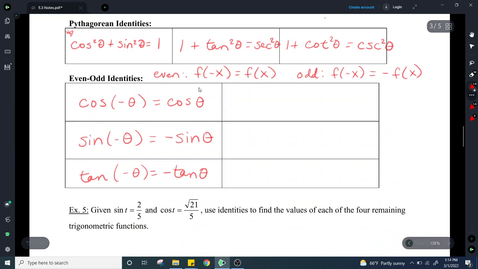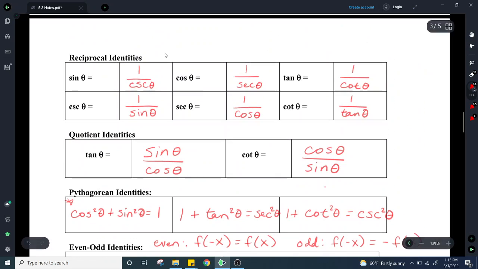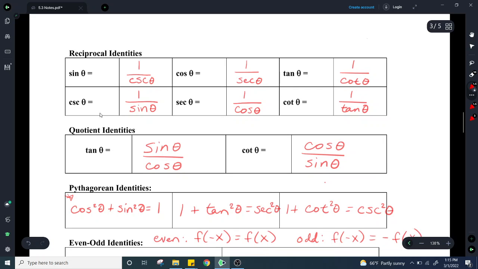So if cosine is an even function, the secant function will also be even. That means secant of negative theta would simplify to secant of theta, because it's even, using this definition.